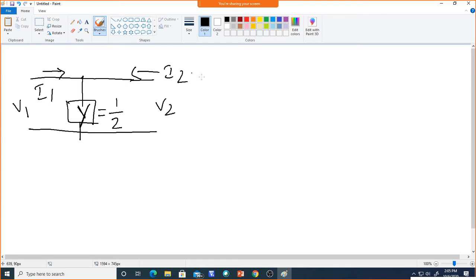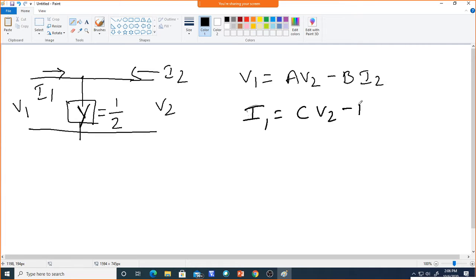So now we know the equations: V1 equal to A V2 minus B into I2, and I1 equal to C V2 minus D into I2.